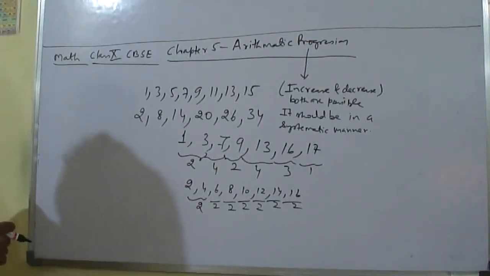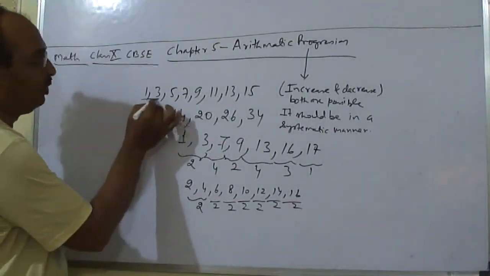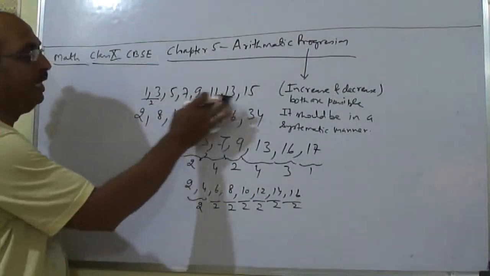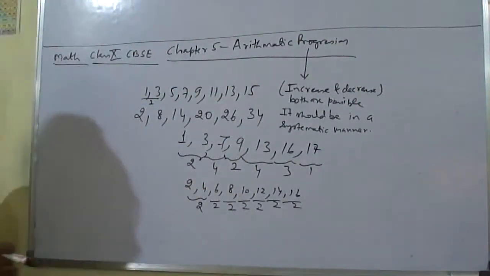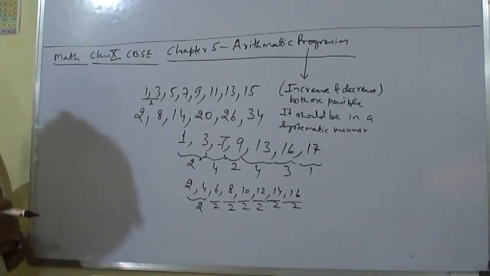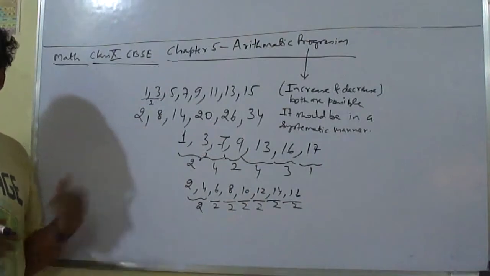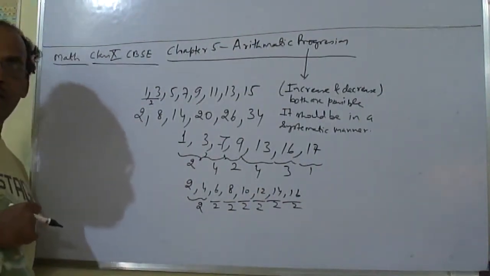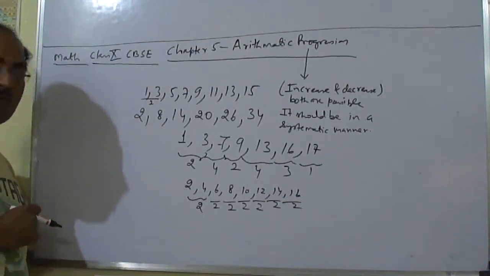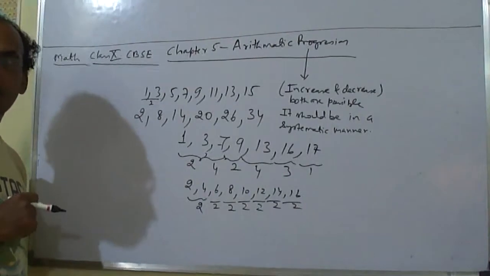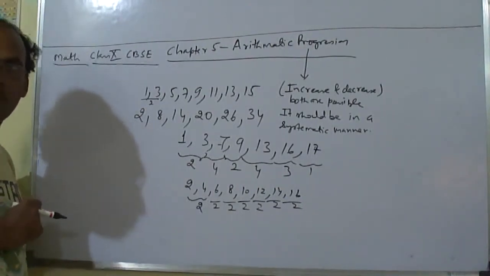In the first one there is a difference of 2 between every pair of numbers, so it is also an arithmetic progression. What about the second one? What difference is maintained here? 6. So is it an arithmetic progression or is it wrong?